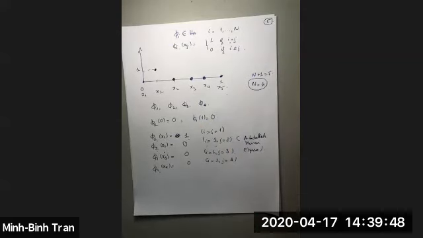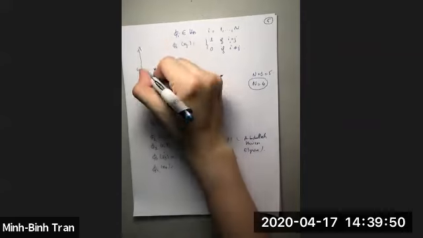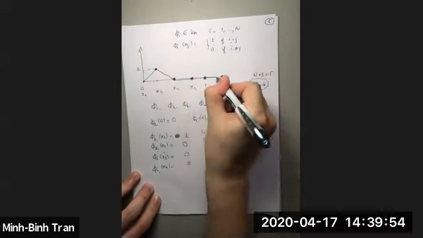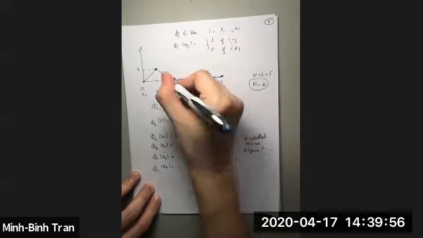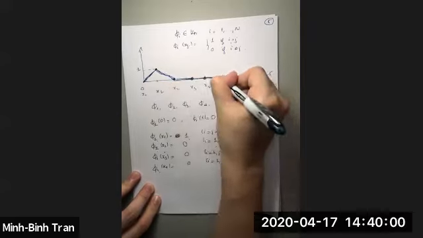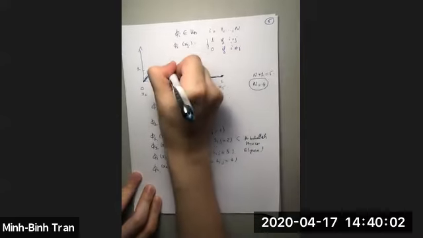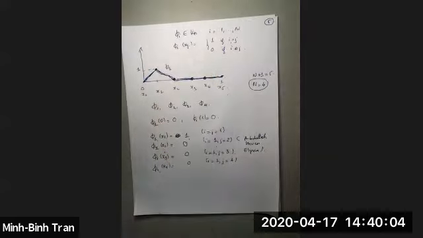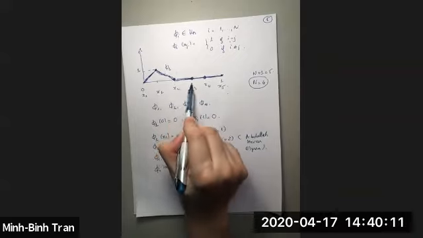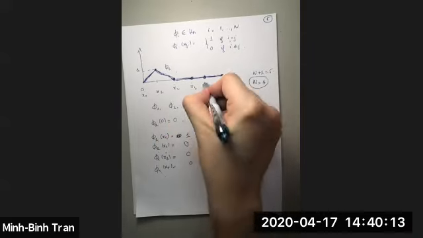So what is the function that I have? I just have to connect all of the points. Right, so this is basically the function phi1. So I explain again. This phi1 function will be 0 at x2, it will be 0 at x3, and 0 at x4.